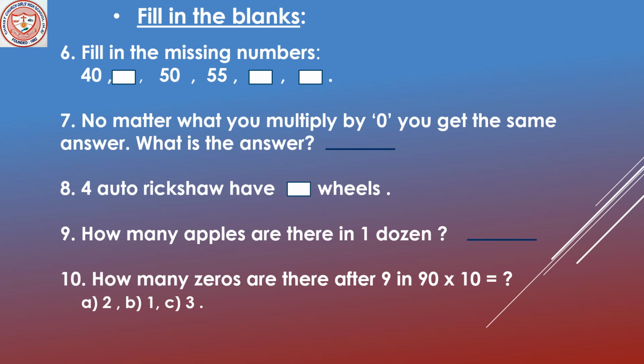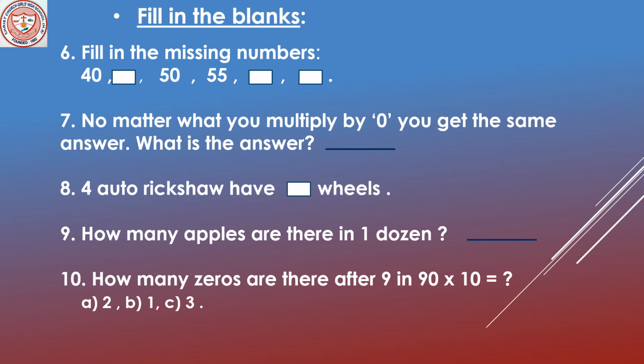Next, how many zeros are there after 9 in 90 into 10? Yes, you have to apply the steps to find out the answer. And the steps are, number 1, multiply the numbers by ignoring the 0.